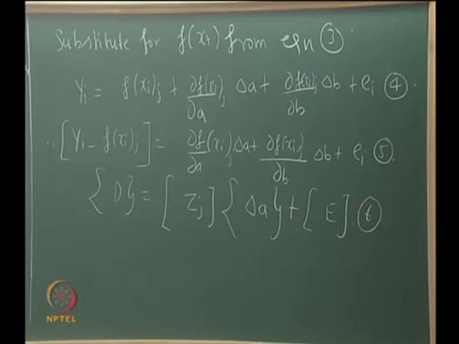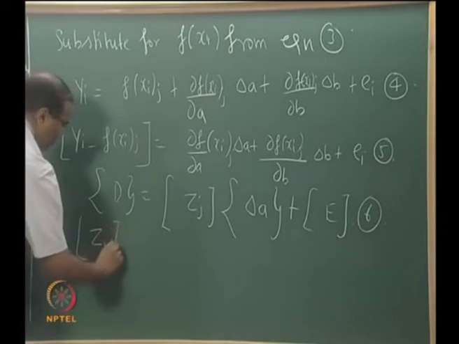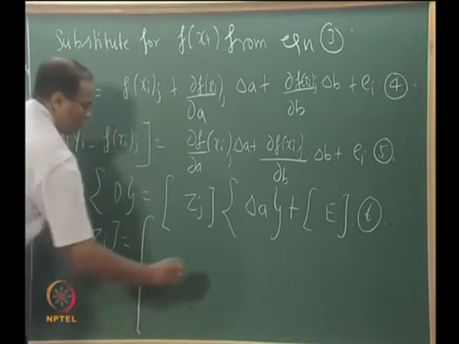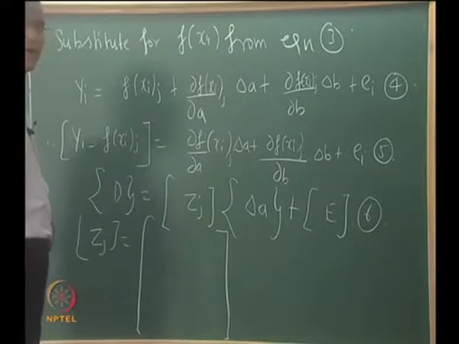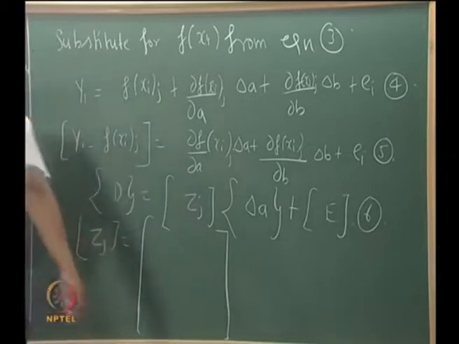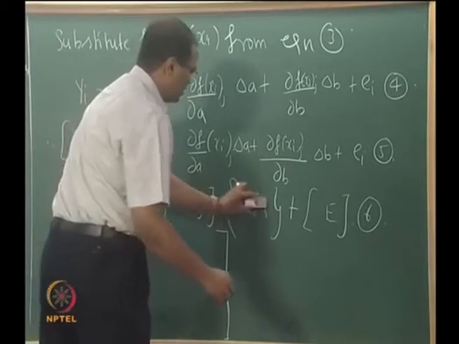There are several values of yi, right, y1 to yn, where there are n data points. Are you getting the point? Now Zj will be, I will call it delta capital A.